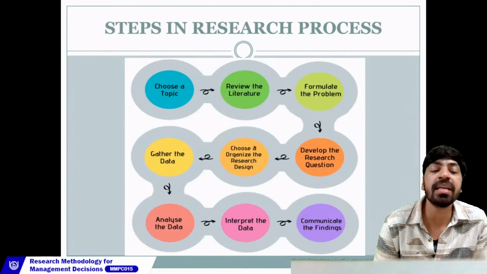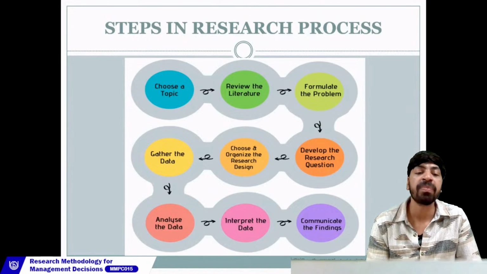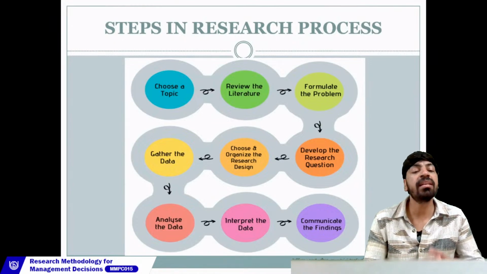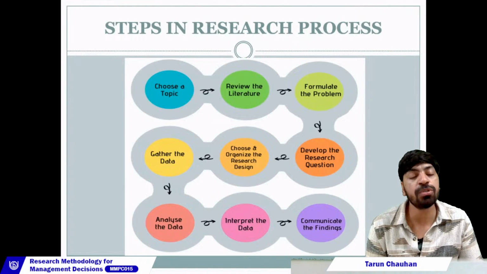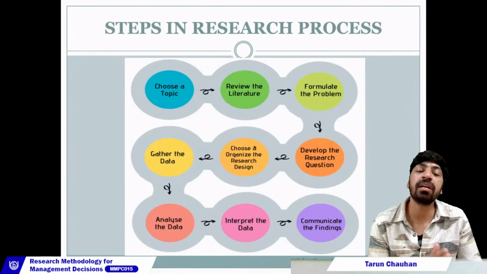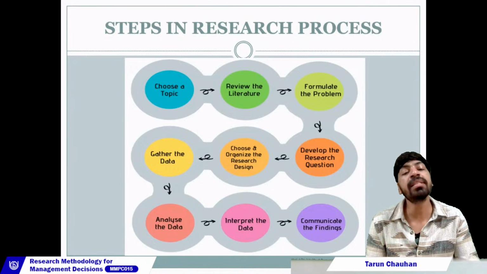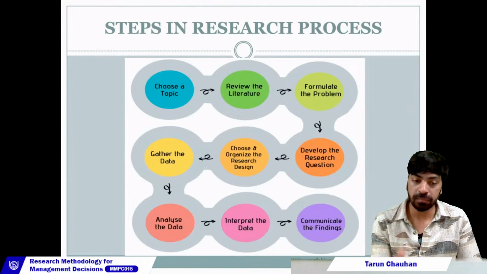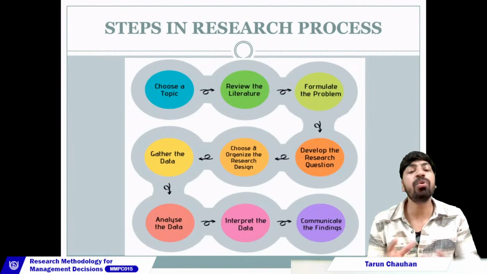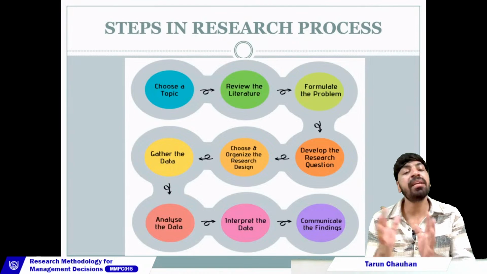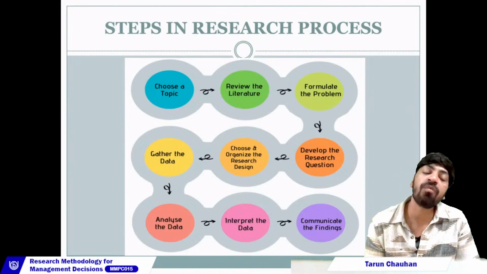The next step is analyze the data. In analyzing the data, there are various steps to be used. First, the data is collected as raw data. Then the raw data is converted into coding, and once the coding is done, it is analyzed through software.